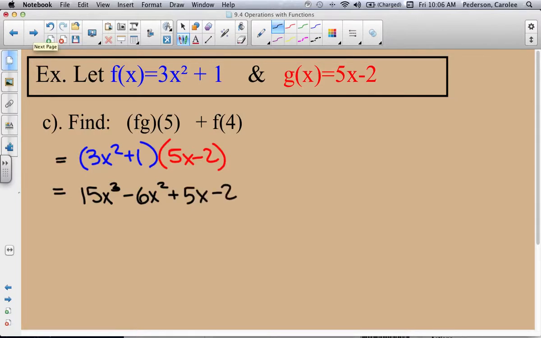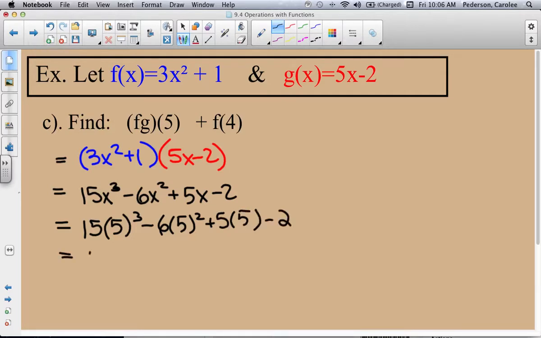Then we're going to substitute 5 in. So 15 times 5 cubed, minus 6 times 5 squared, plus 5 times 5 minus 2. Do our PEMDAS. Do our exponents first. 5 times 5 times 5 is 125. 5 times 5 is 25. Rewrite everything else.